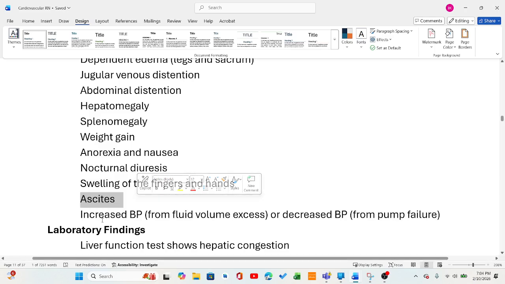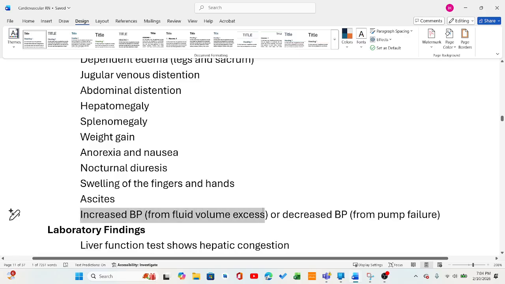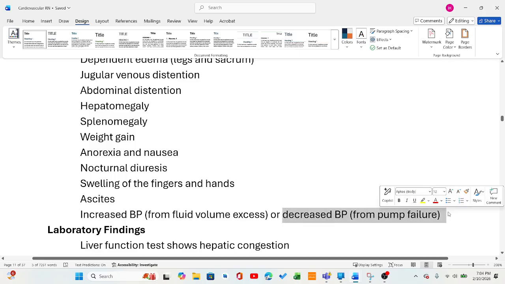So in this case, with a heart failure, oh no, the blood pressure will either go up or the blood pressure will go down. Now, if the blood pressure goes down, that means the heart is not pumping. The heart is not able to pump, so the pressure is going to be low.